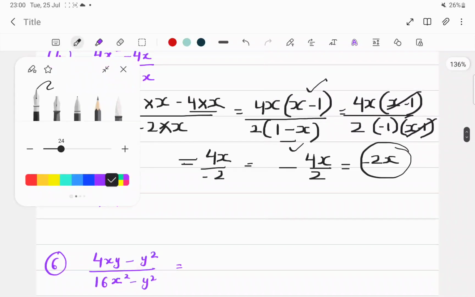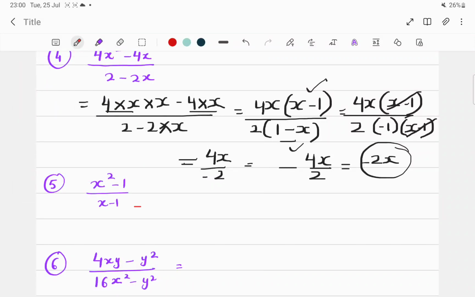Next question is (x squared minus 1) over (x minus 1). X squared minus 1 is a very important kind of factorization. This is known as difference of the square of two numbers, and this is equal to x minus 1 times x plus 1. Let me write it here: x minus 1 times x plus 1.